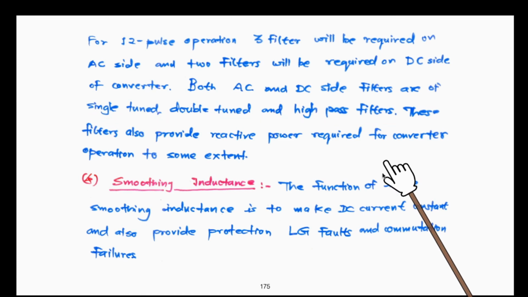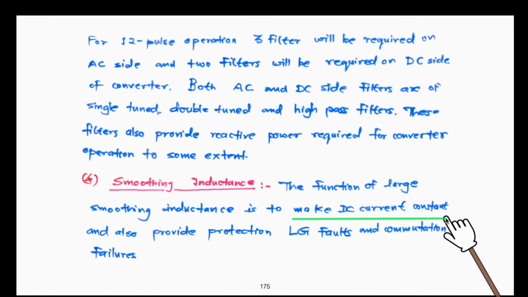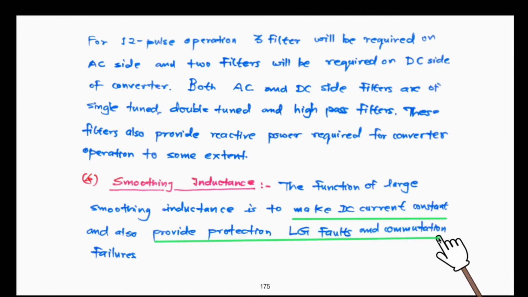Next, the next element is the smoothing inductance. The function of smoothing inductance is to make the DC current constant, and also provide protection against line to ground fault and commutation failure.